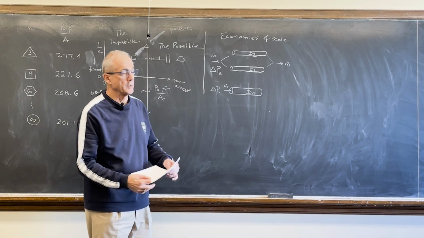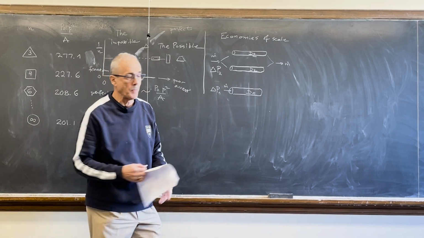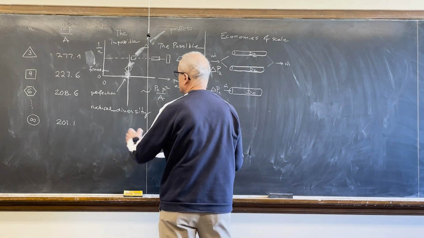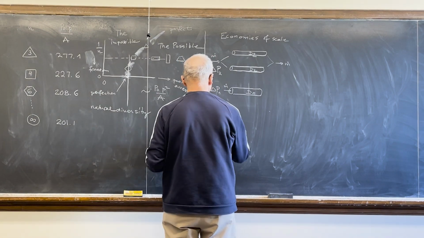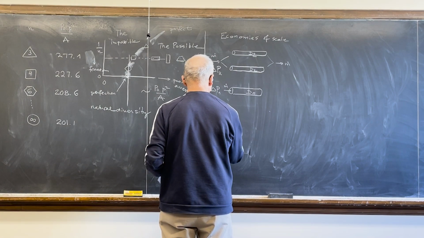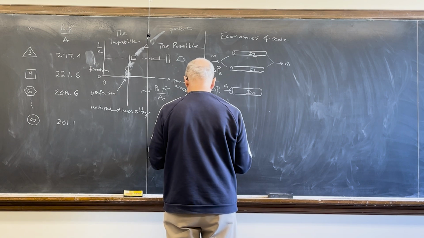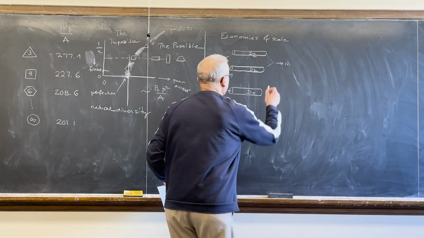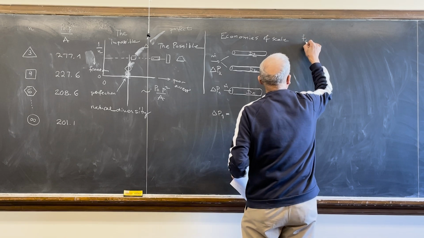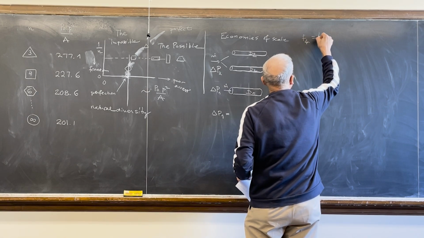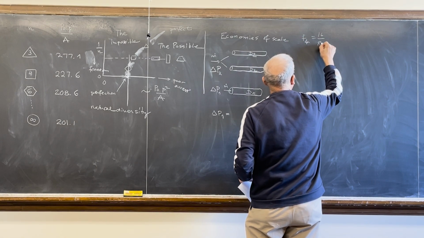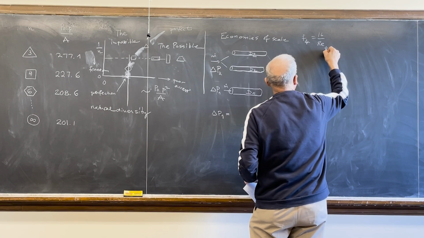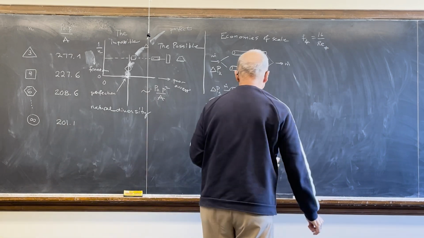The formula for the single duct is, I erased it, but it's obviously this one, delta P1 equals, you substitute the F for the round tube, which is 16 over the Reynolds number based on the diameter of the tube.